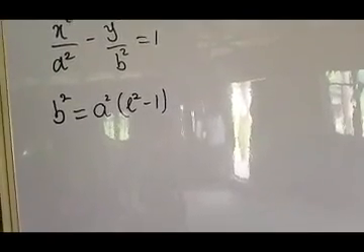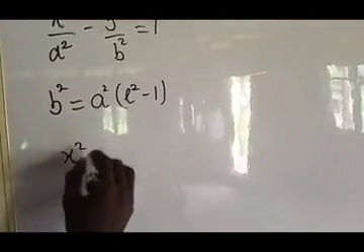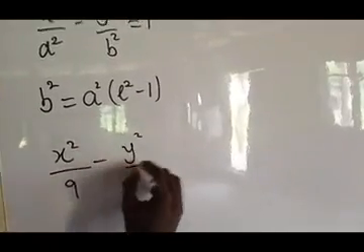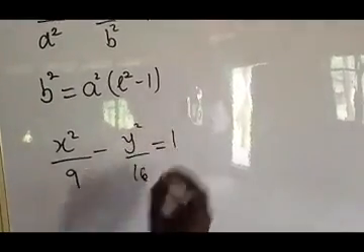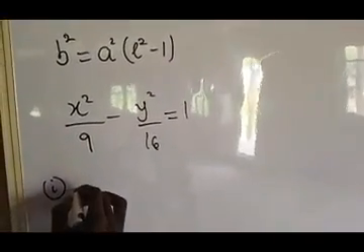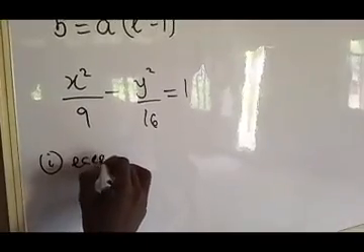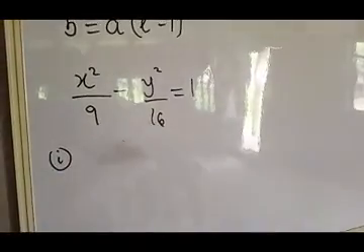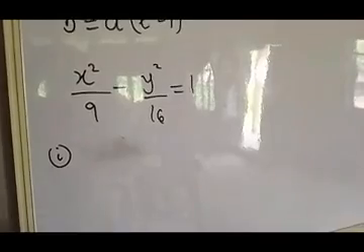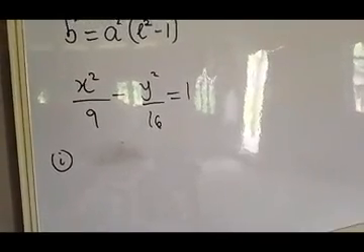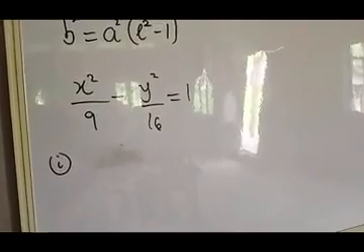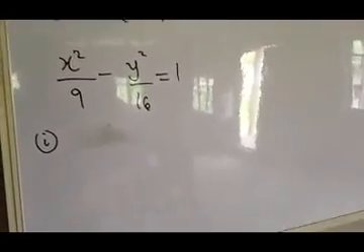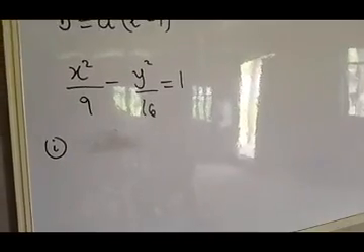Let's say I have the question x squared over 9 minus y squared over 16 equals 1. I want to find the eccentricity, coordinate foci, and the last part which we did under eccentricity.